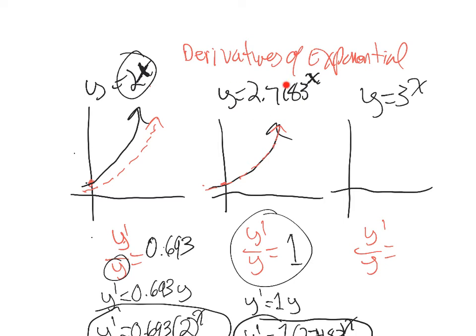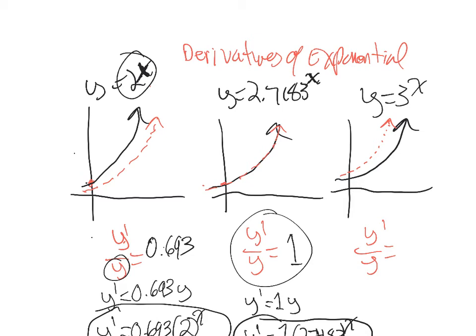From 2 to the x to 2.7183 to the x, the slope gets closer to the function value, and at 2.7183 it equals the function value. So if the pattern continues, with 3 to the x there should be a scaling up now instead of a scaling down. The slope is below, the slope is equal, the slope is greater. Let's see if that's true.